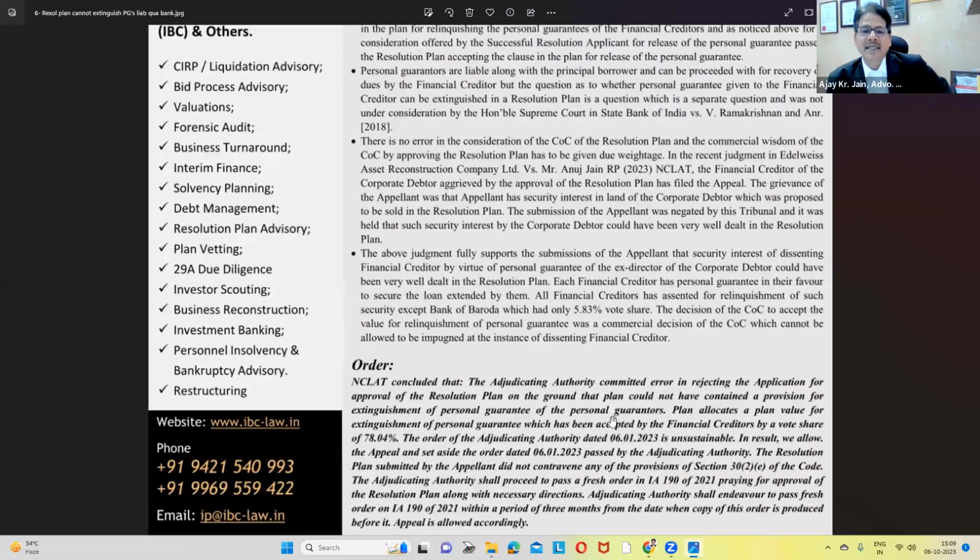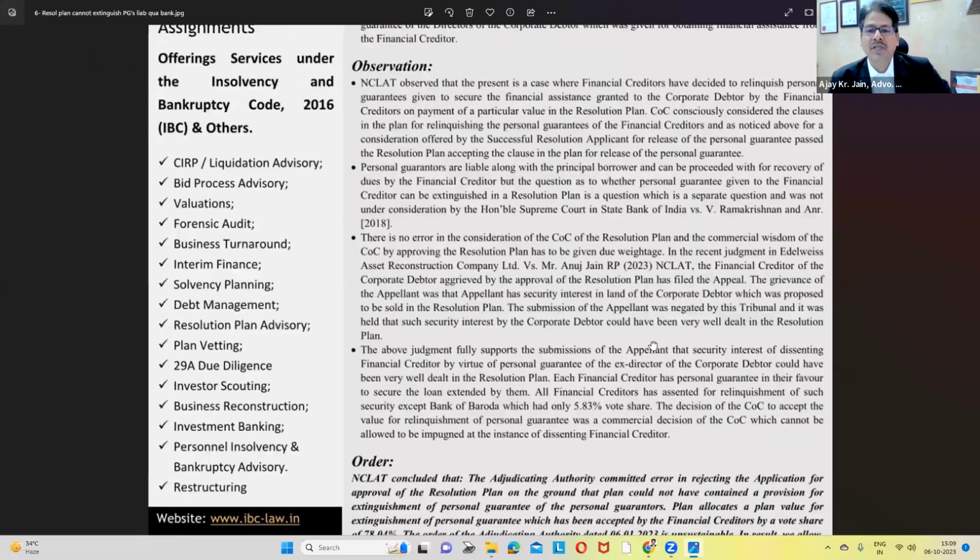This is different. I'm sorry. Actually, this order was passed by the adjudicating authority in approving the resolution plan, whereby the resolution plan extinguishes the right of the lenders, which is not allowed. A resolution plan cannot extinguish the right of the lenders with respect to the personal guarantee.